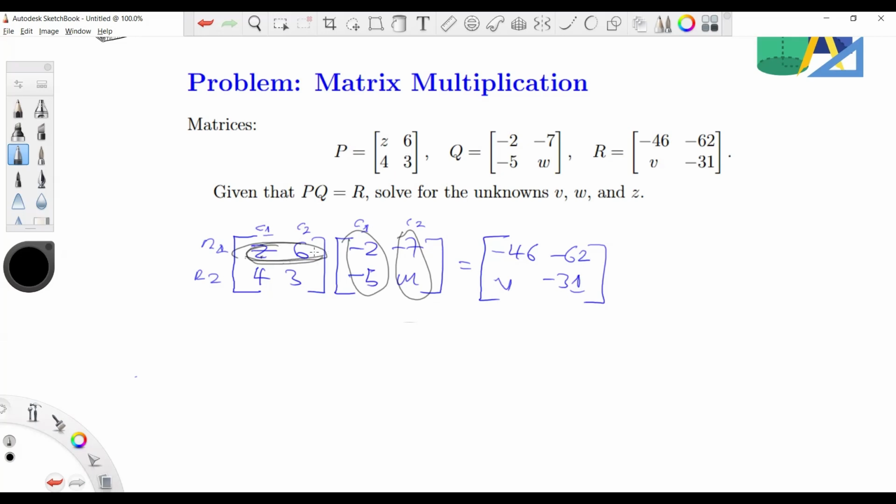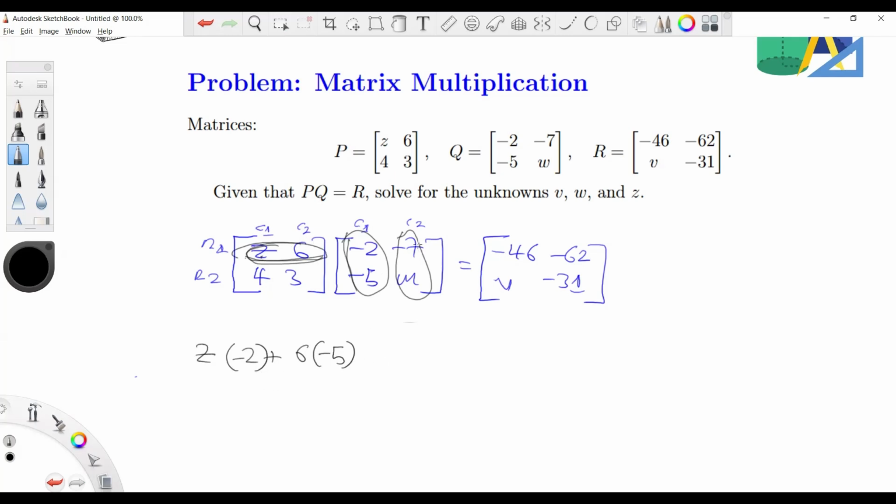So now the multiplication is going to be with all the elements in the first row, we multiply them by the elements in the first and second columns of the second matrix. So we're going to have Z multiplied by -2 plus 6 multiplied by -5. That's the first element of our resulting matrix.